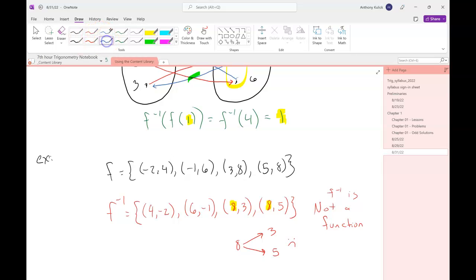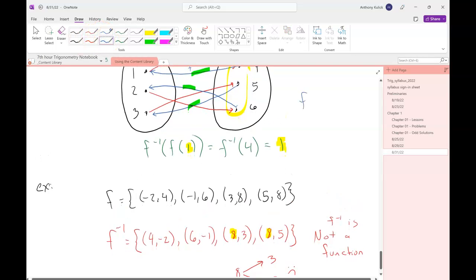Up here, though, we noticed that f inverse was a function. Probably should write that down. We said it, I didn't write it, though. So it appears that sometimes f inverse is going to be a function and sometimes it's not, right? Great, Mr. Kulik.